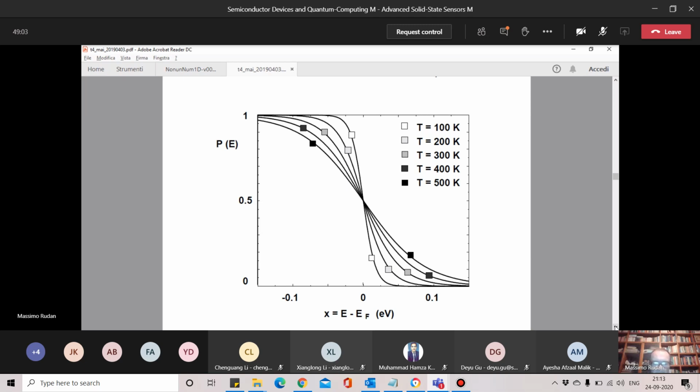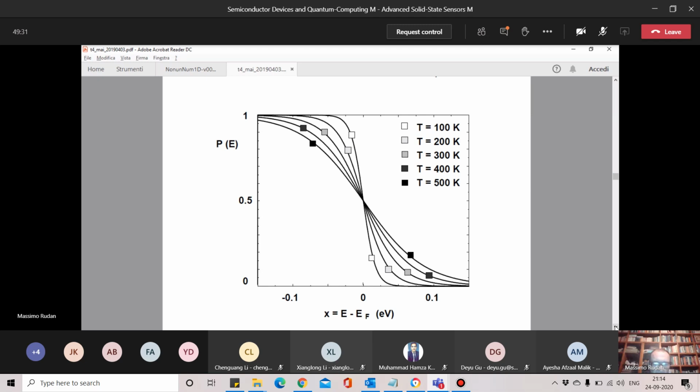So when E is equal to the Fermi level, then as you see, the curves cross the point 1/2. For very large value of energy, so when we go to the right in the diagram, the limiting value is 0.